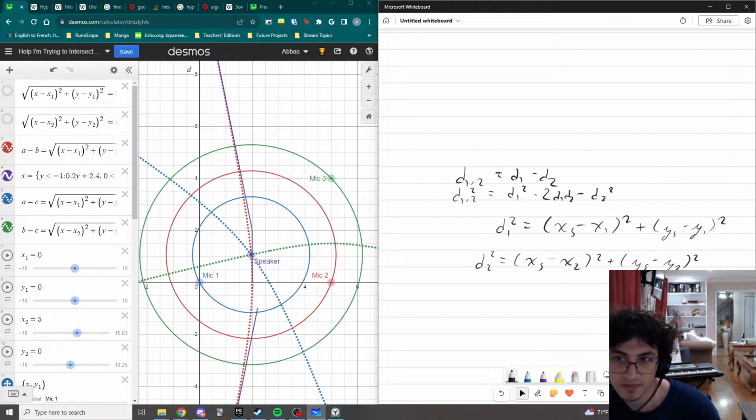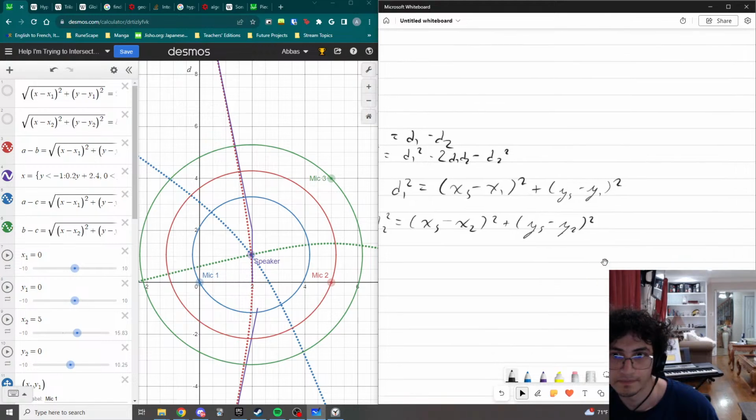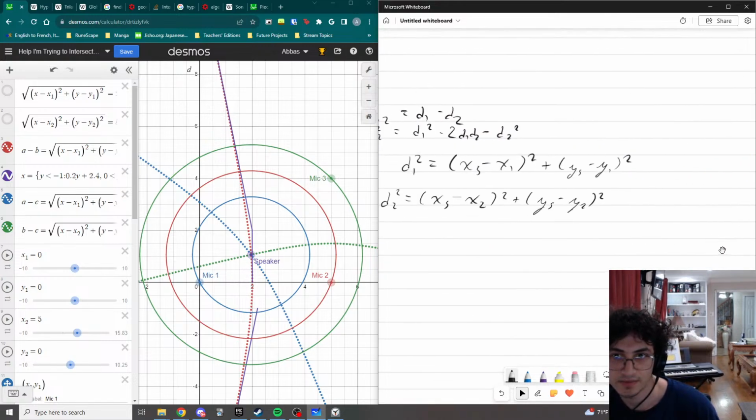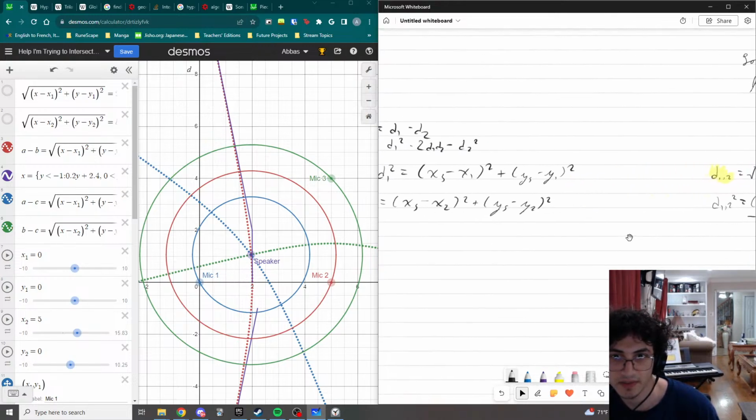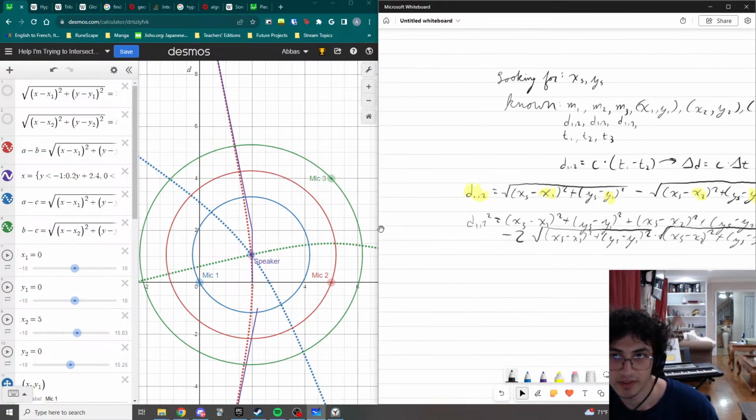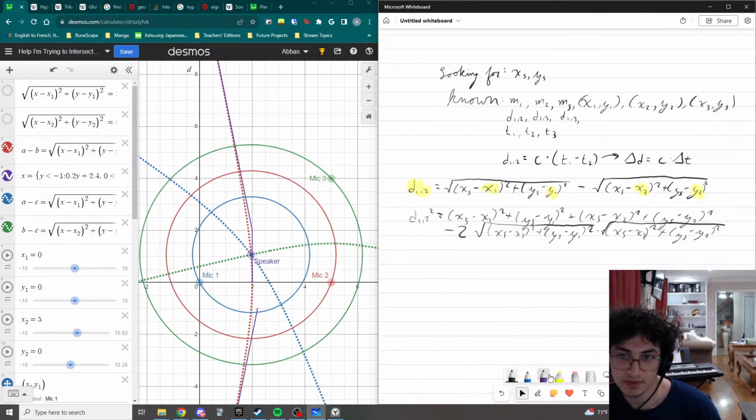But I mean, this just gets me the exact same equation that I'm already left with, right? Because d1 squared is just this part. This is d2 squared. This is 2 d1 d2, right?